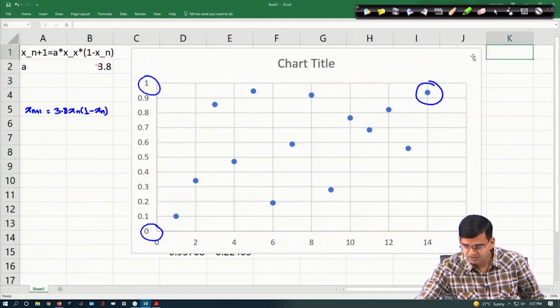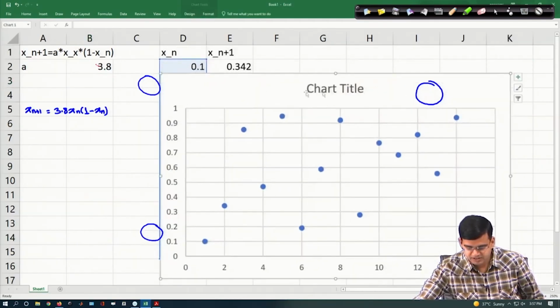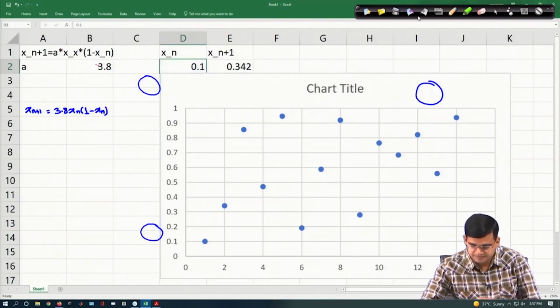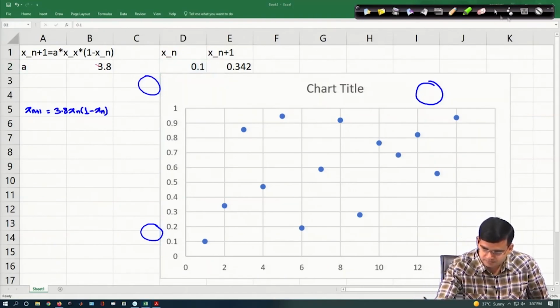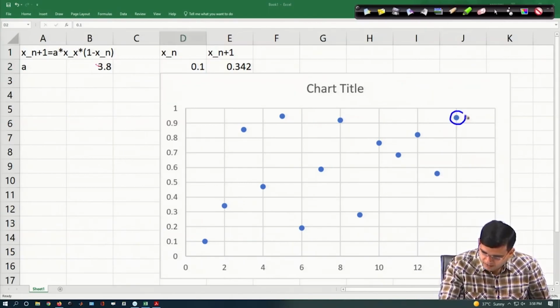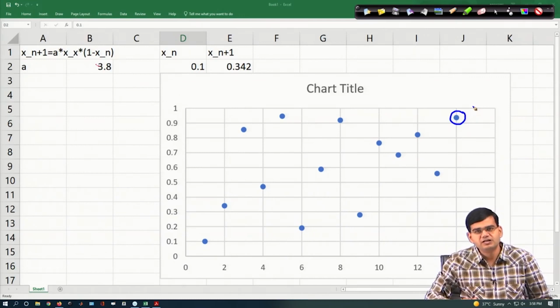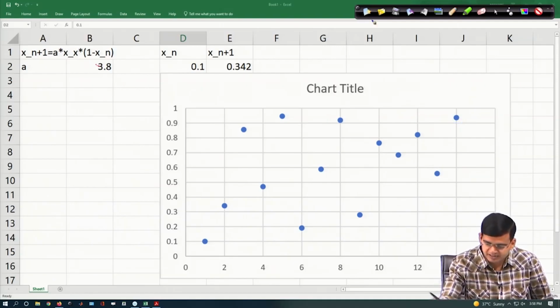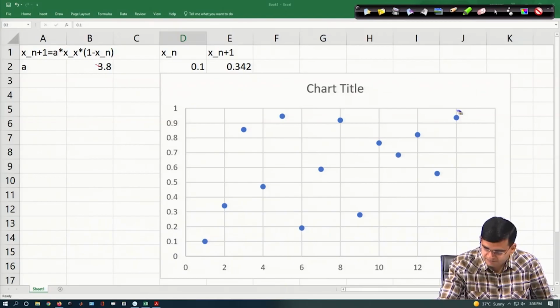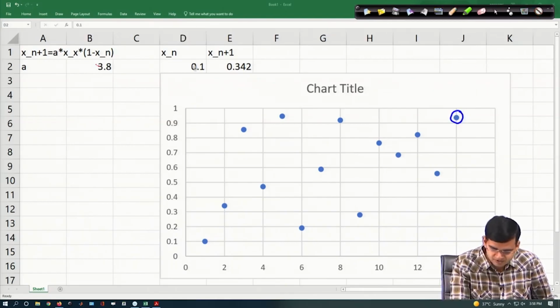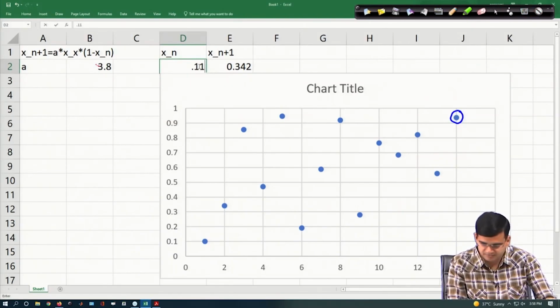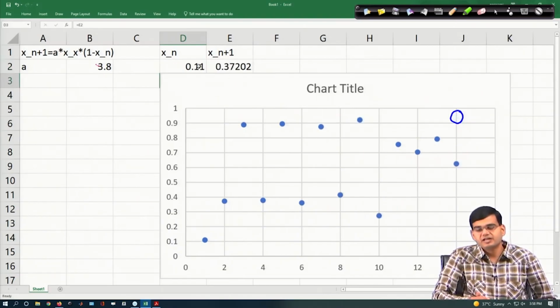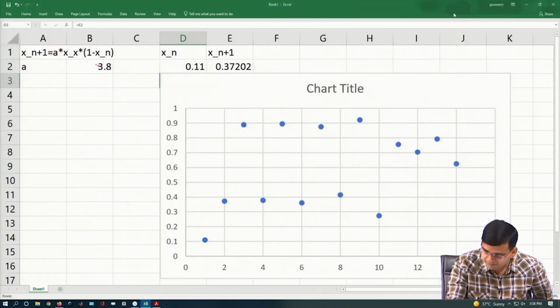Say the ultimate value for initial value 0.1 was this 0.95 or something, and then I was here, and then what I would do is I will make this as 0.11, and let us see where I am now. I am now here.